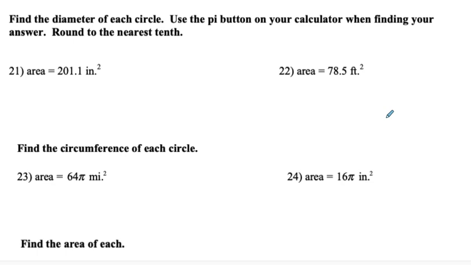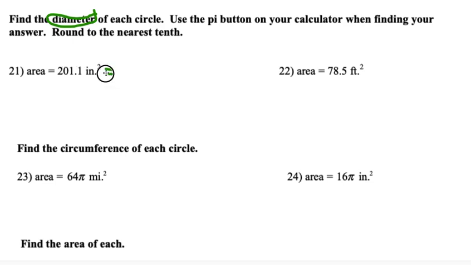Similar approach when you're talking about the area. So if they give you the area and they want you to find the diameter, what you're going to have to do is find first the radius, and then you can figure out the diameter by doubling it. So it's not a difficult operation. But we know that the area is equal to pi r squared.